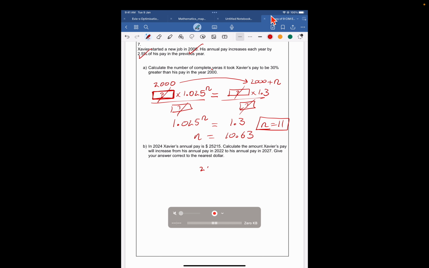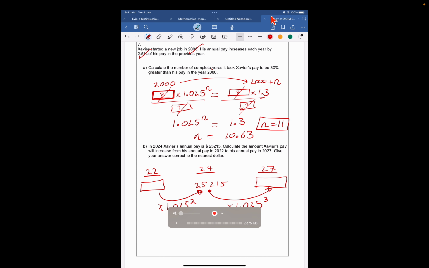So here's the year 24, and here's 25,215, and here's 22, and here's 27. So you can see from 24 to 27, it's times by 1.025 to the power of 3, and that will be this total here. And of course the total here times 1.025 squared will get you to the 25,215.